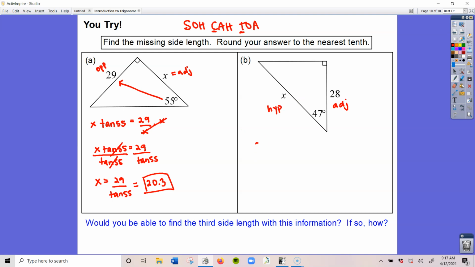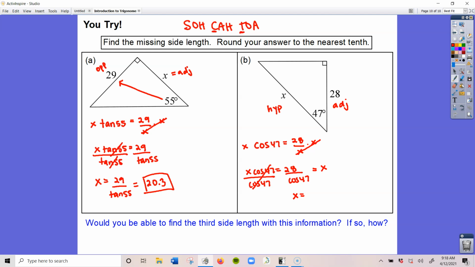So my equation would be the cosine of 47 is going to equal the adjacent 28 over x. Multiply x to both sides, and we get x cosine of 47 is equal to 28. Then you divide by the cosine of 47, and we get that x is equal to 28 over cosine of 47.